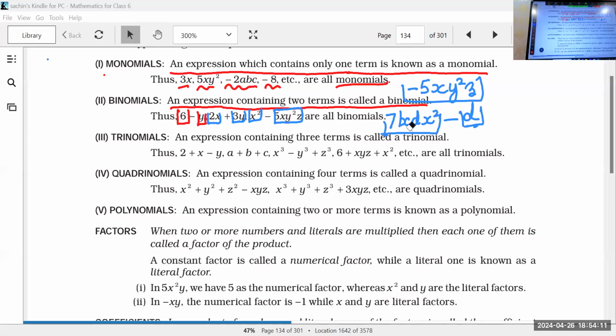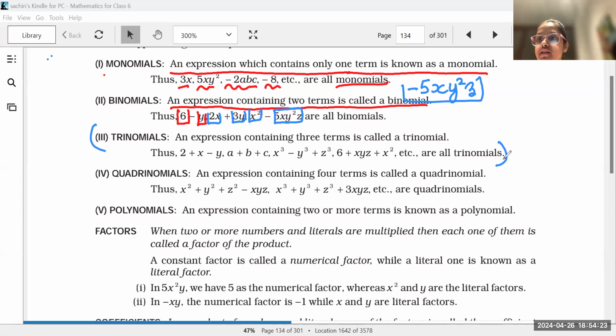Now let's read the third, trinomial. So Mahuri, please read this. An expression containing three terms is called a trinomial. Thus, 2 plus x minus y, a plus b plus c. Take it easy. 2 plus x minus y is a trinomial.